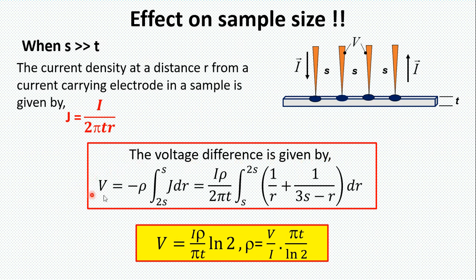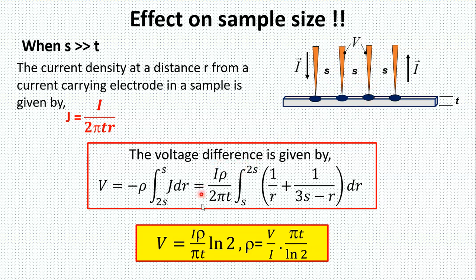So here the current density will be I divided by 2 pi t into r, and the voltage difference is given by V equal to minus rho integral from 2s to s of J dr. This is because the third probe is located at a distance 2s, and the second probe at a distance s, and we need the voltage difference between the second and third probes, which measure the voltage.